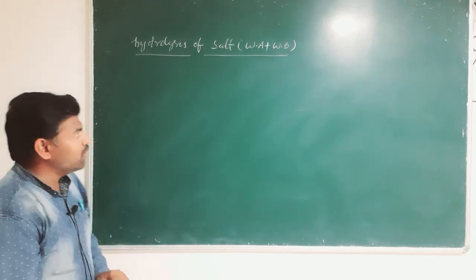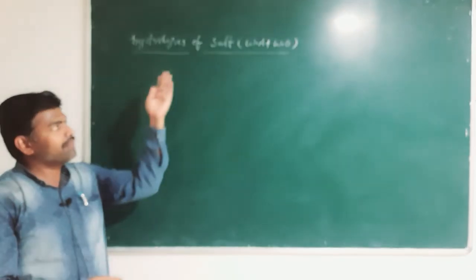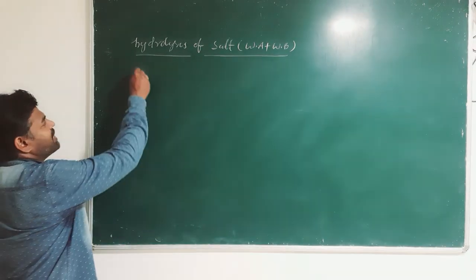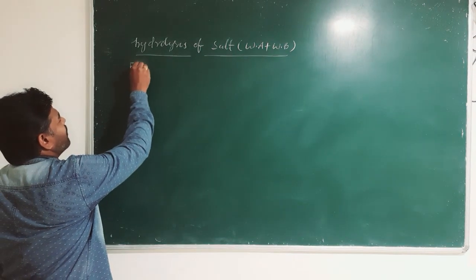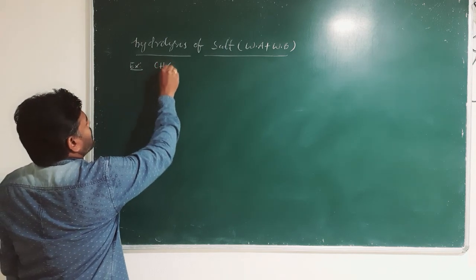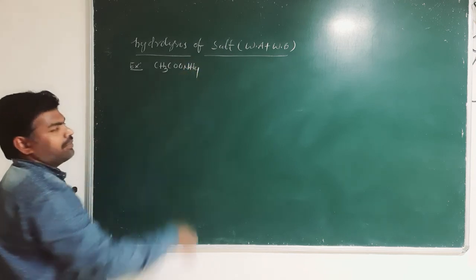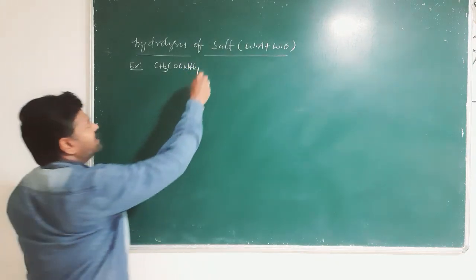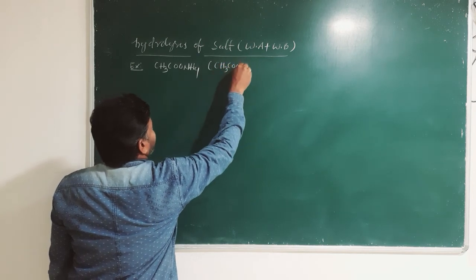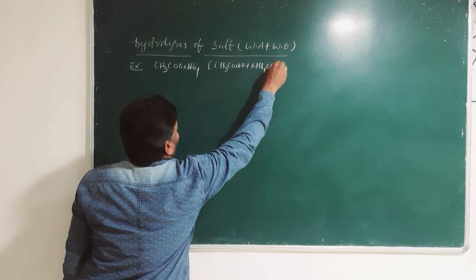Let me give one example for salt derived from weak acid and weak base. The best example is ammonium acetate, because this is derived from the weak acid acetic acid plus the weak base NH4OH.